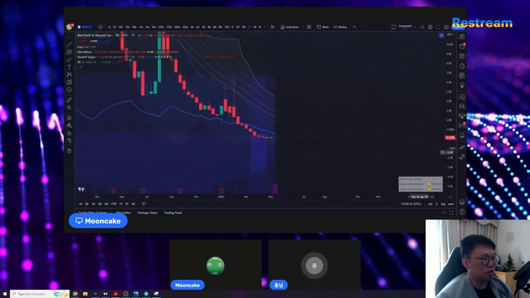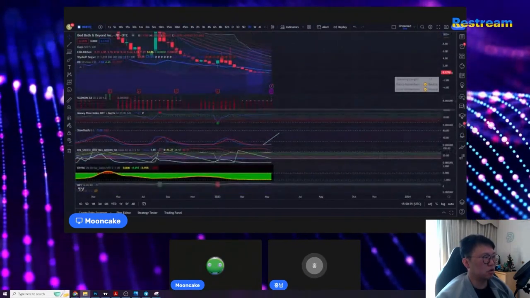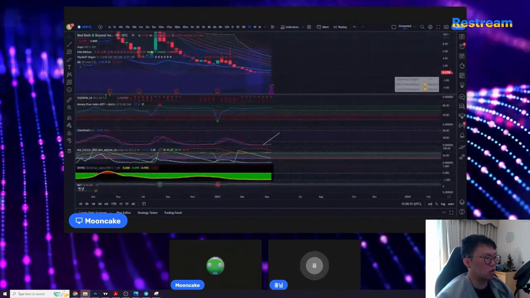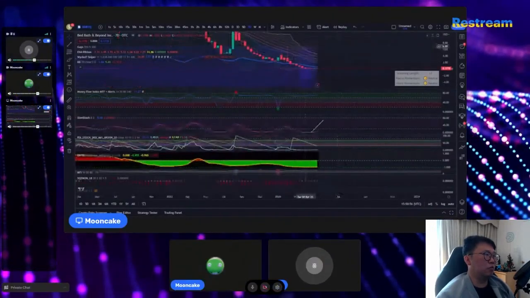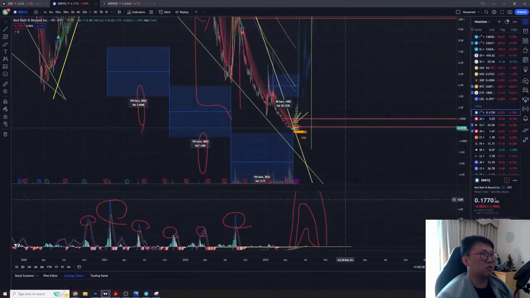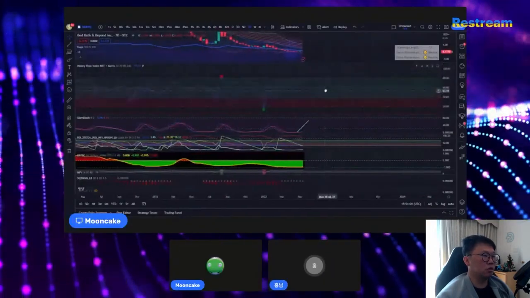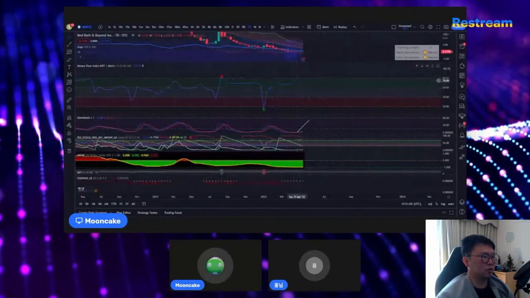There was a scene where they're discussing what they think about this chart, like I show you here on the screen, I just threw up a chart. I don't know if you've seen this movie, but this is one of the scenes. He brought this chart to some woman who's a scientist, and they talk about this pattern. He's like, oh, this is the same pattern. So yeah, I do believe that there are cycles, there are similar algo patterns.